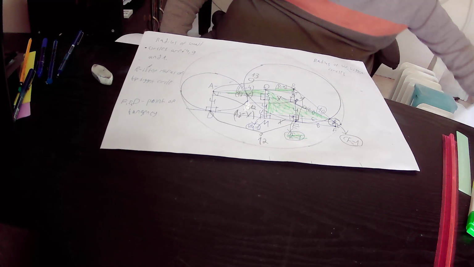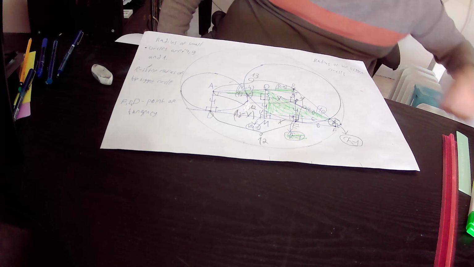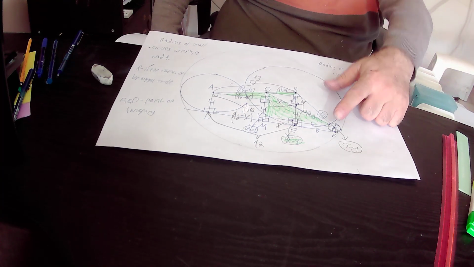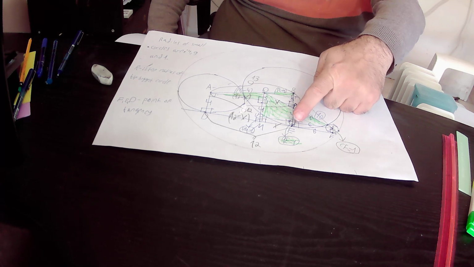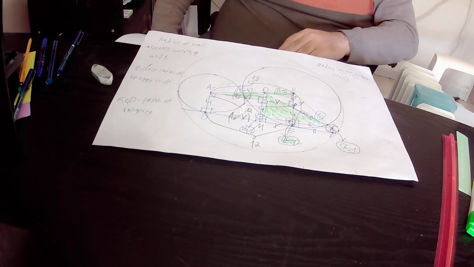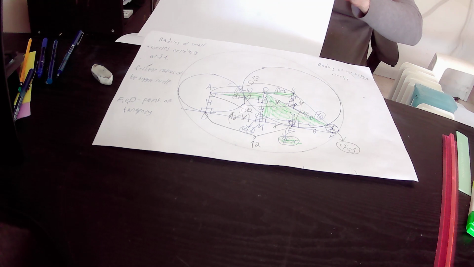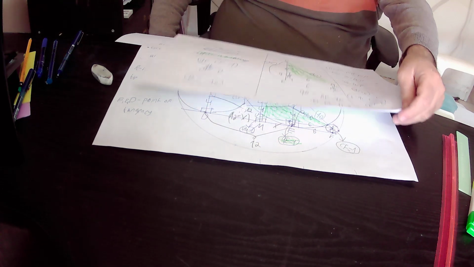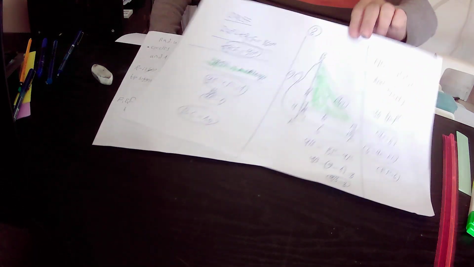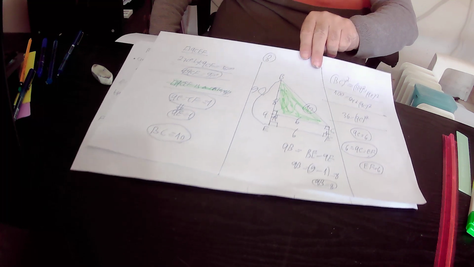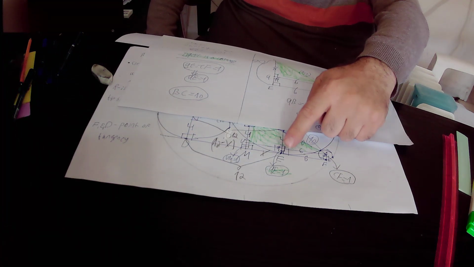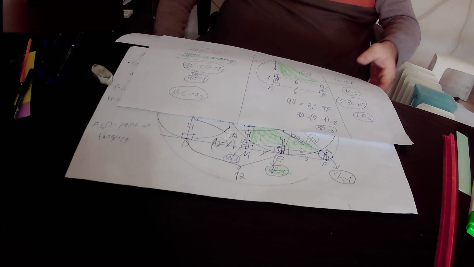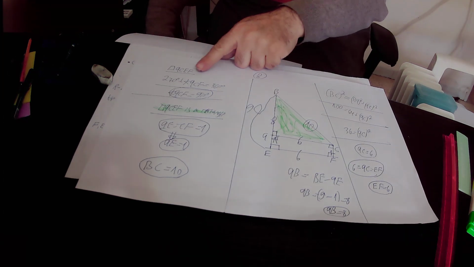Then from point C we draw a perpendicular to BE. So this angle equals 90 degrees and this angle also equals 90 degrees. And actually in quadrilateral QCEF, here we have 1, 2, 3 right angles, and the sum of three right angles is 270 degrees.